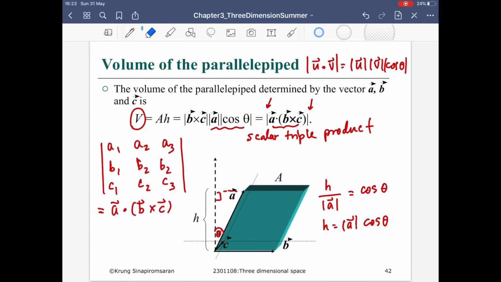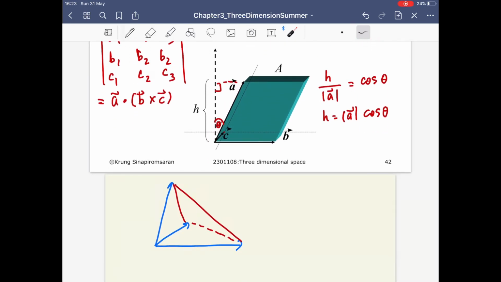Now let us try to imagine, you still have your A, your B, and your C like this, but you are going to connect the A and the B and the C together like this. What will happen? Let us draw a new picture over here. Let's say that this is your A, this is your B, and this one is your C. And as I told you, we are going to connect these terminal points together.